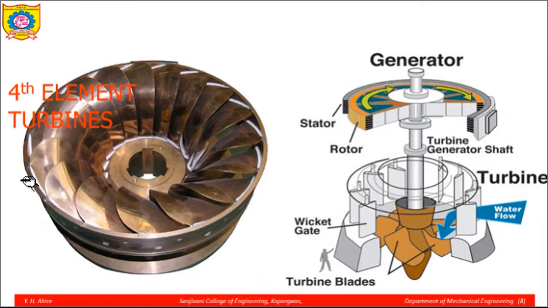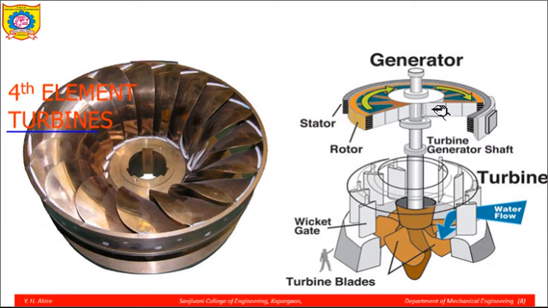Then the most important element of a hydro plant is the turbine. Okay, a water turbine. There are different types of water turbines which are employed in power generation. The turbine shaft is directly coupled to the generator shaft like this.